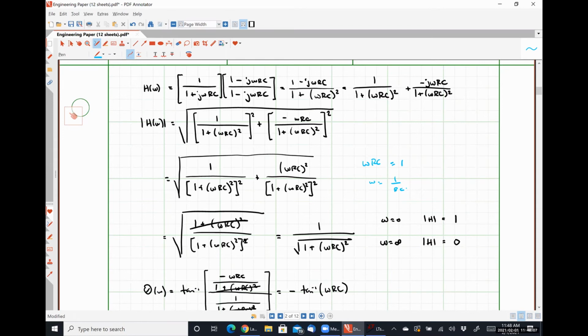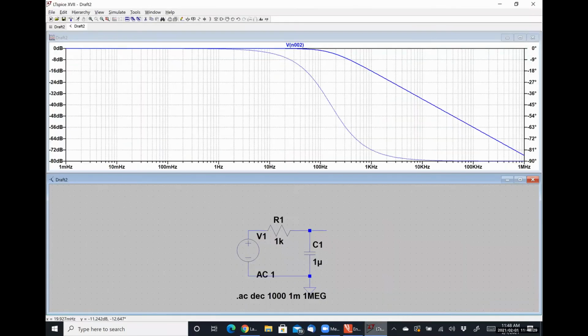So our frequency, 1 over 1,000 times 1 times 10 to the minus 6. This says we should be at 1 kilohertz. Let's see if that's the case or if I've made a boneheaded mistake somewhere.